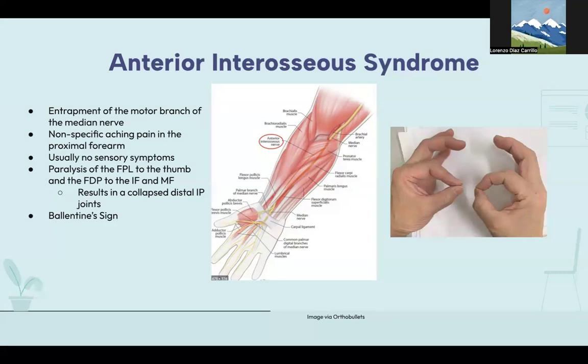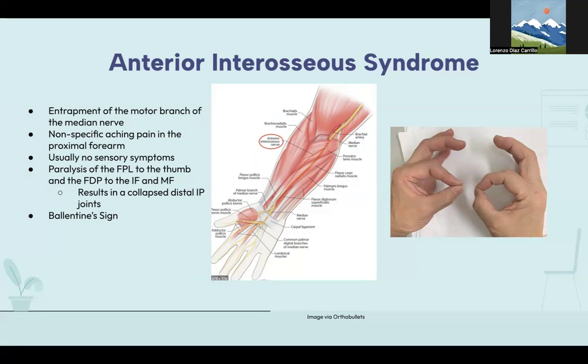A way to check this is to ask your patient to form the OK sign. With those weakened IP joints, you can see that it appears collapsed. They cannot make that perfect O, for example. On that DIP there's just a lack of flexion. This is specifically called Ballantyne sign, which is just a name given to this specific phenomenon.